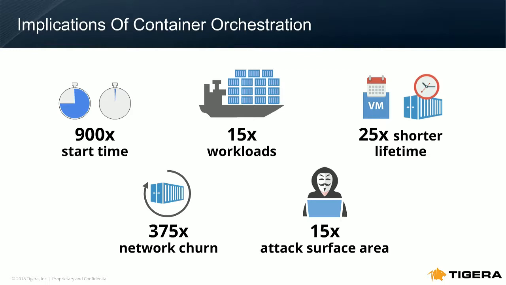If my environment is changing this frequently, how am I going to judge if I'm compliant or not? It also means we have a much greater attack surface. We have a lot more workloads, therefore each of them have potentially variable provenance, so we have to assume that we've got a greater attack area or a greater area to make compliance mistakes in, either intentional or unintentional.